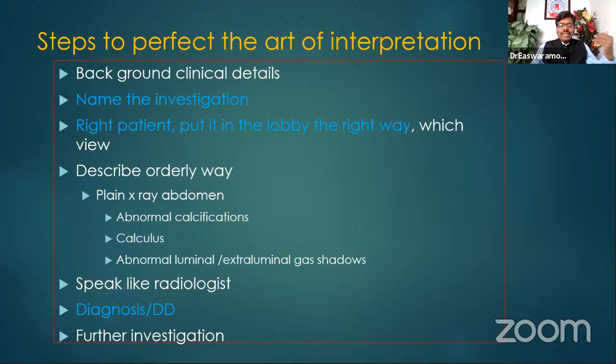The same way, there is an orderly way for the abdomen: any abnormal calcification, soft tissue shadows, any calculus within the kidney or ureter, or any abnormal amount of gas within the lumen of the bowel, like intestinal obstruction, or outside the lumen of the bowel, like gas under the dome of the diaphragm. All those things we look for.